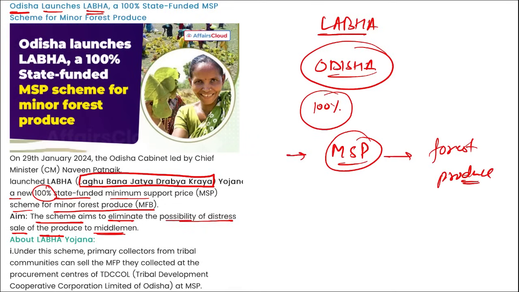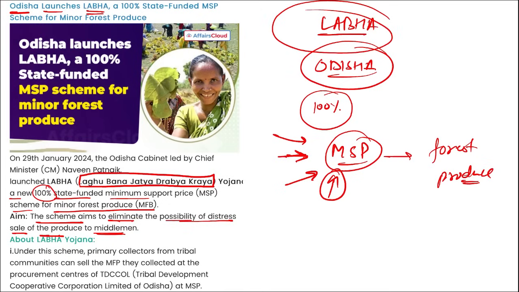This will be helping the farmer so that they do not have to sell their product in distress to the middleman for low prices. Because of which they have been setting up a minimum support price for the forest produce under this Labha scheme, that was launched by Chief Minister of Odisha, Naveen Patnaik.